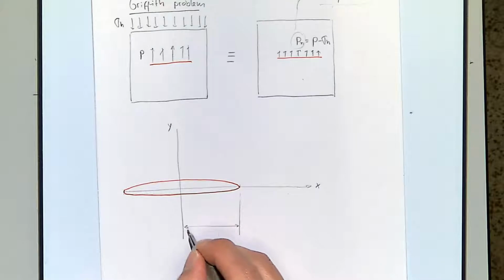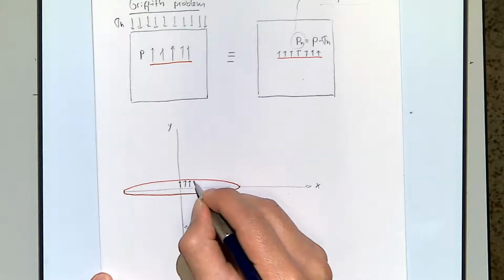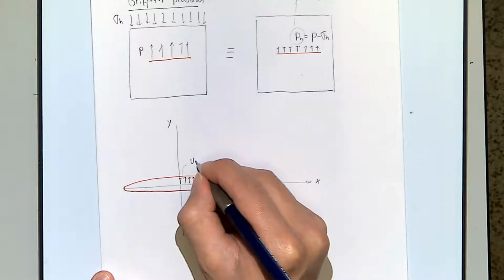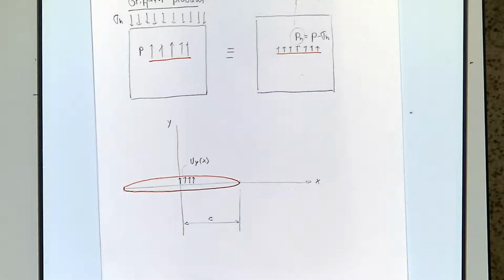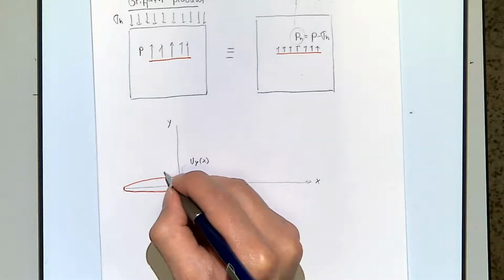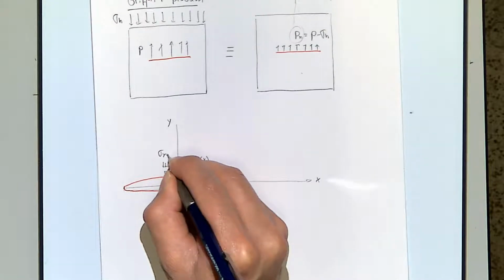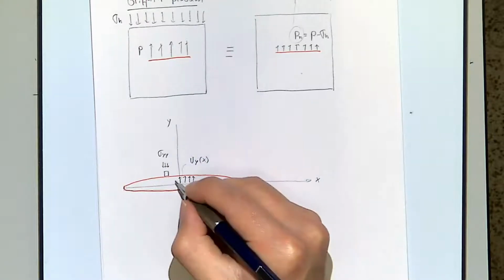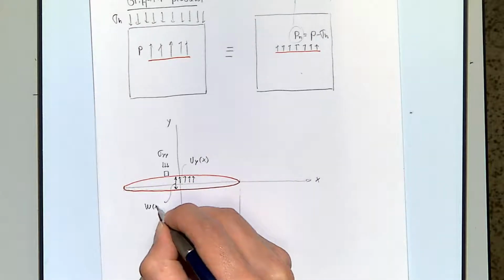This distance from here to here, we're going to call it C. As you can see from here, the half of the opening, or this vector over here, is going to be the displacement in direction y as a function of x. Somewhere over here on the wall of the fracture, I'm going to have a stress sigma yy, and the total opening of the fracture is what I'm going to call the width.